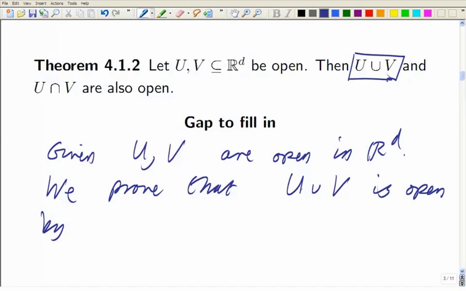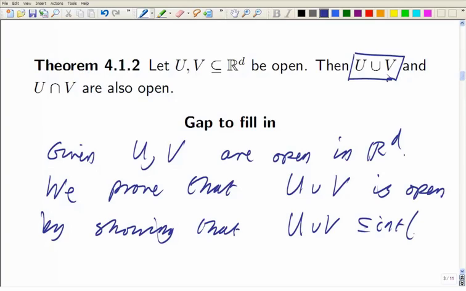And in fact, it's enough to show that it's contained in its interior, that U union V is a subset of the interior of U union V.